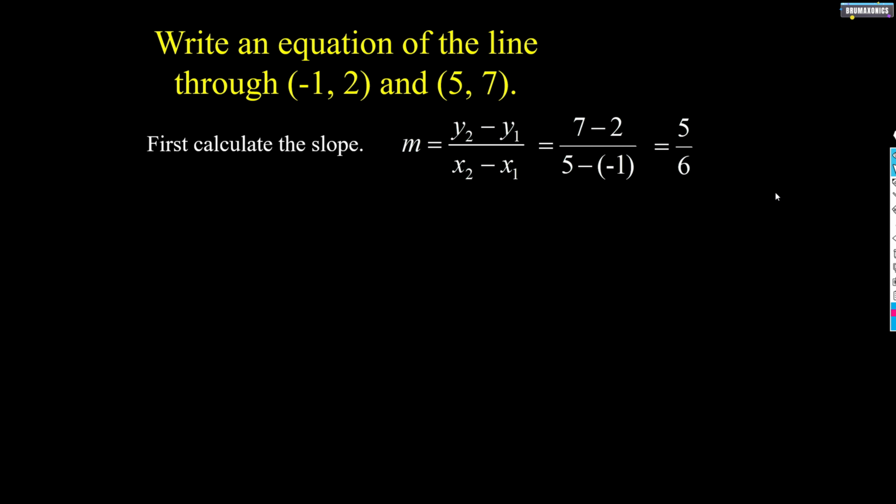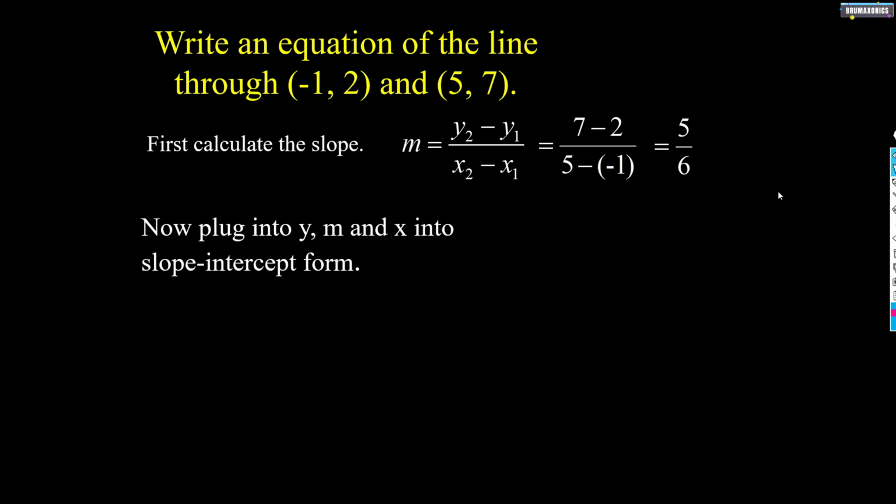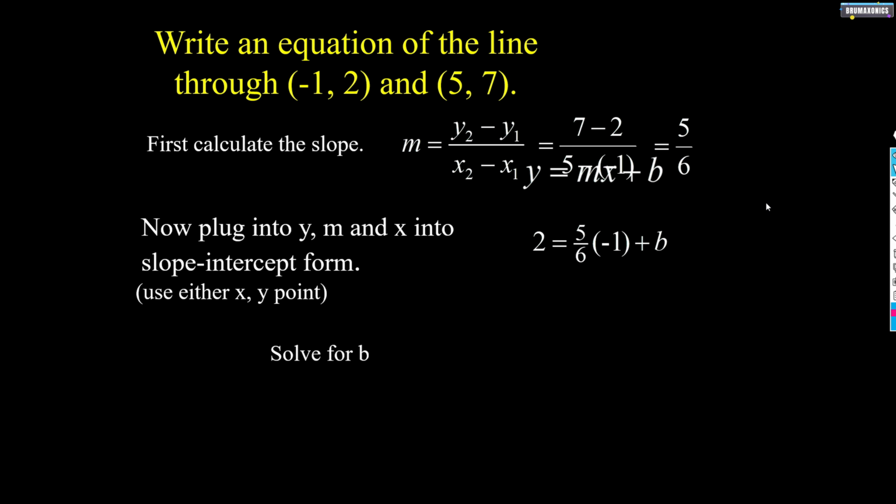So now we have to make sure that we plug them into the right form of the equation and try to solve for b. And then we will end up getting the value of b, which is equal to 17 all over 6.